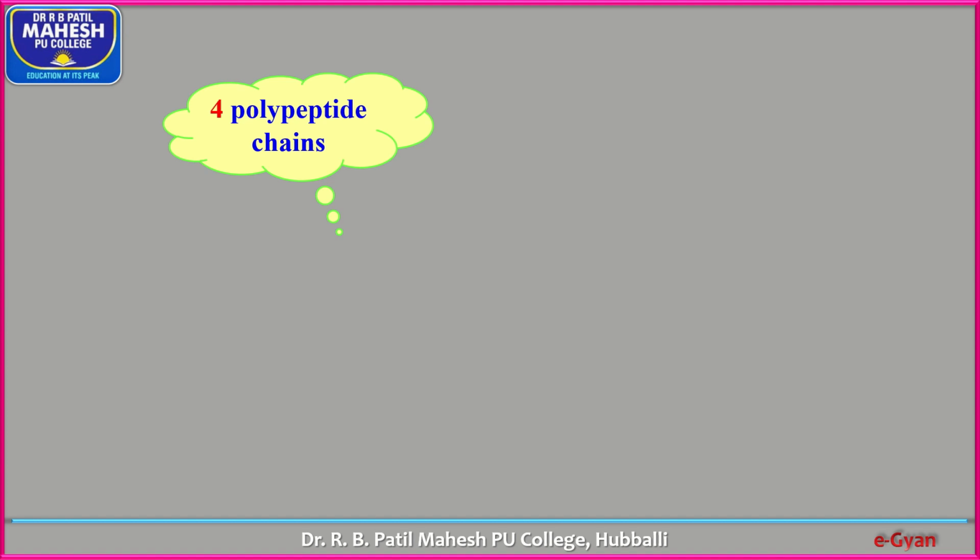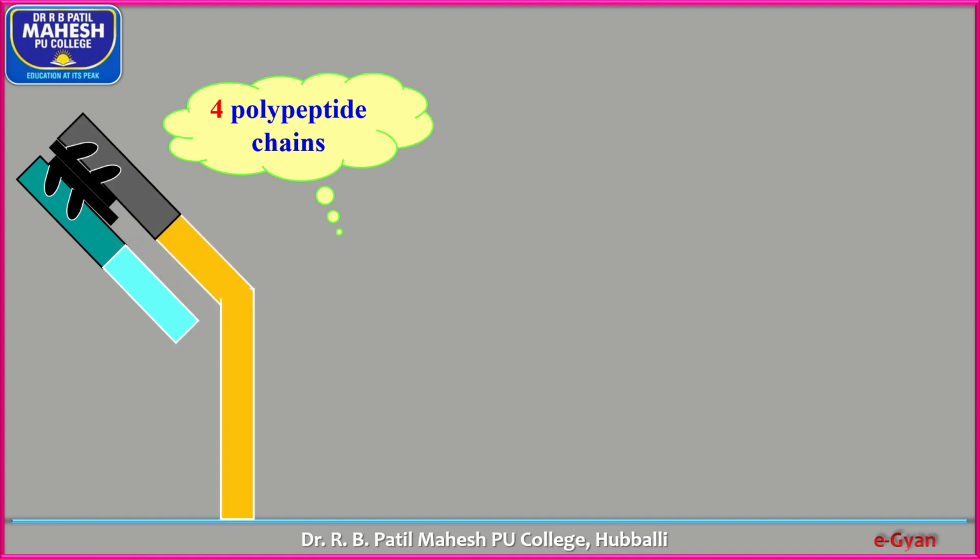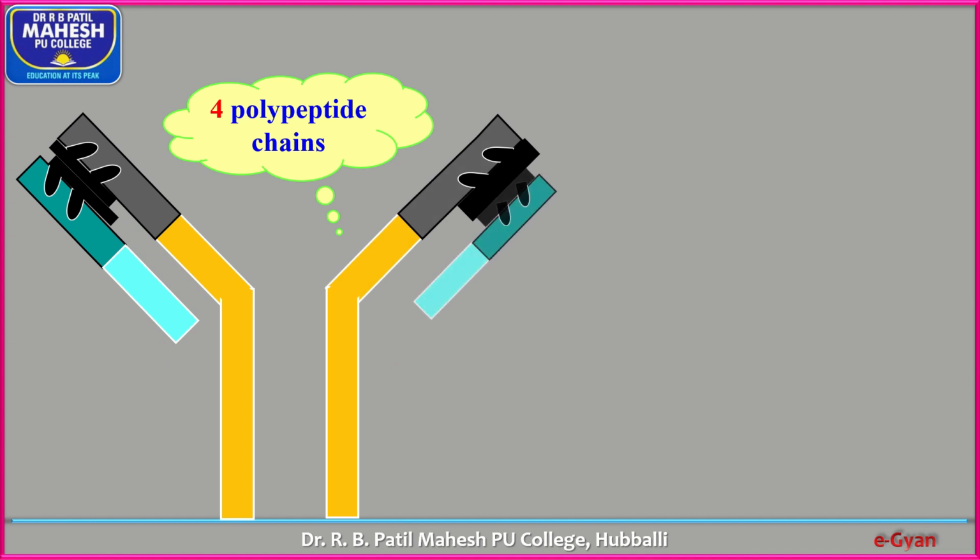In fact, B lymphocyte gives rise to plasma cells, and mature plasma cells produce antibody at the rate of 2000 molecules per second. And each antibody is made up of 4 polypeptide chains.